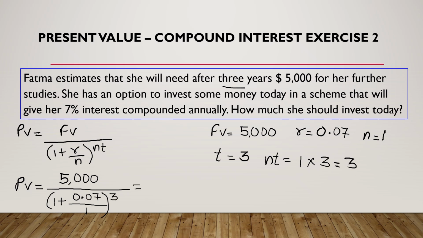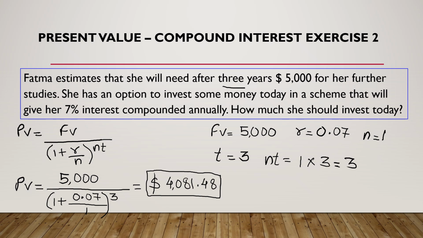So when we calculate, we get the answer 4081.48. So this is the present value of $5,000 which Fatima needs to deposit if she is getting 7% interest compounded annually for 3 years.